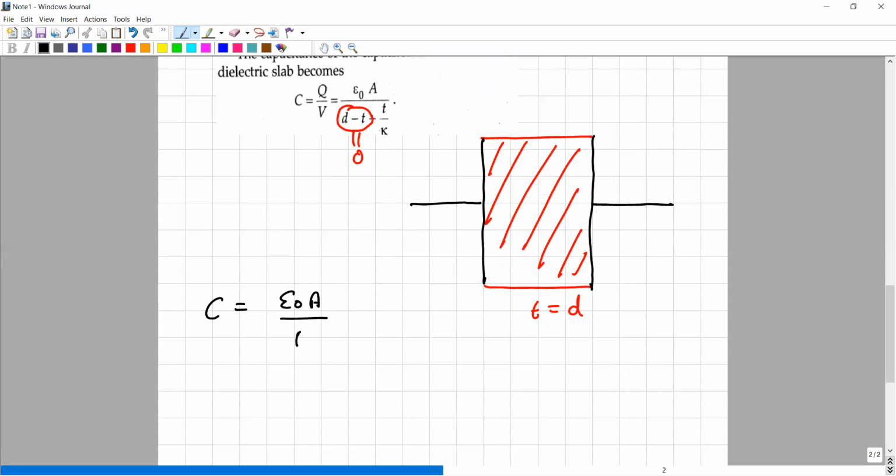So I can write this as D by K. Now this K will come on top. That means it will become K times. So the capacitance will then become K times the original capacitance, epsilon naught A by D.